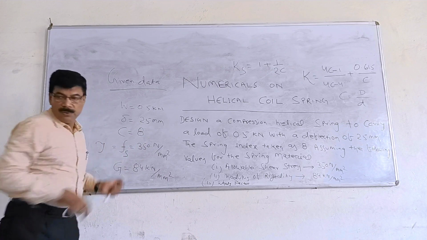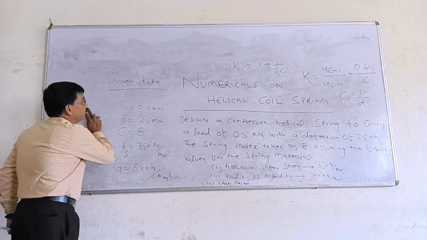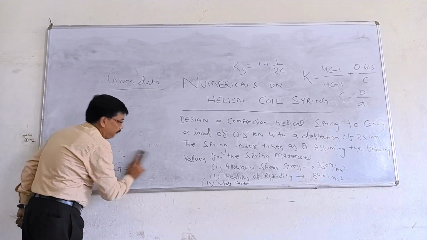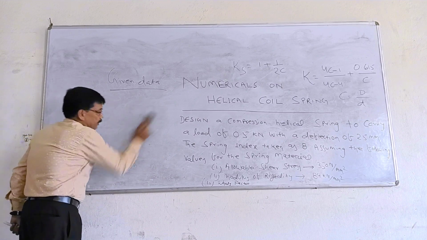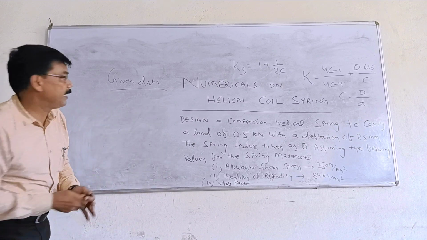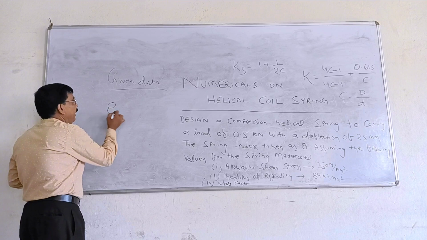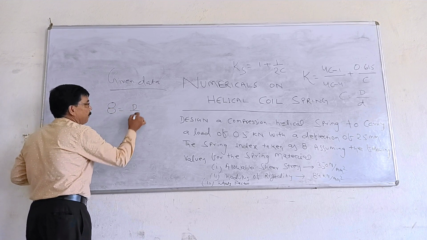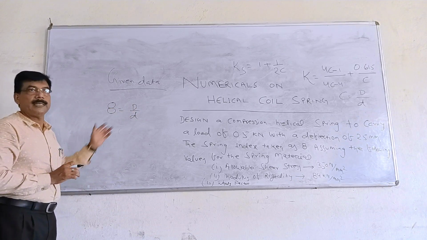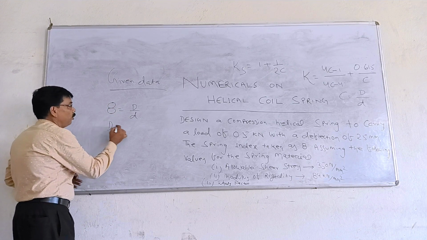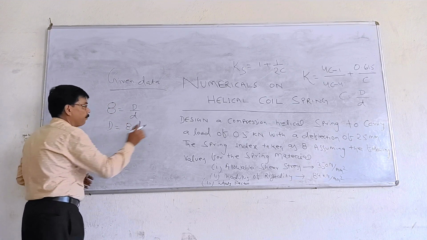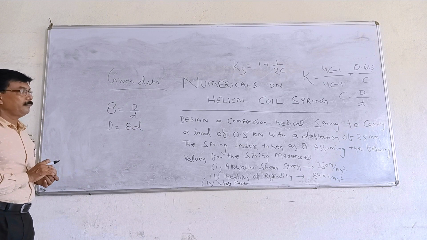So start the solution. C value given, that is 8. So 8 is equal to capital D by small d. C is equal to D by d, so capital D value will be 8 into d. Right?